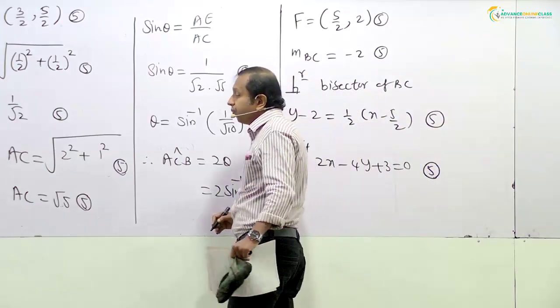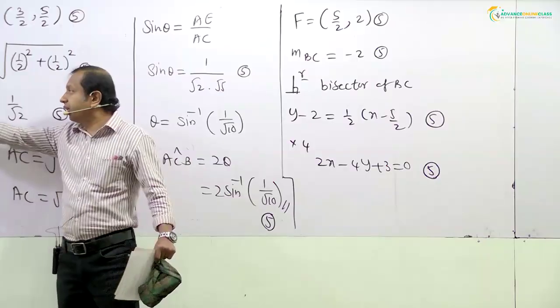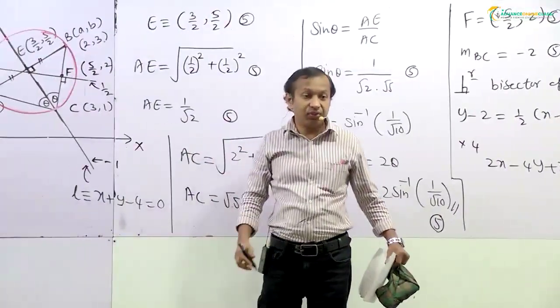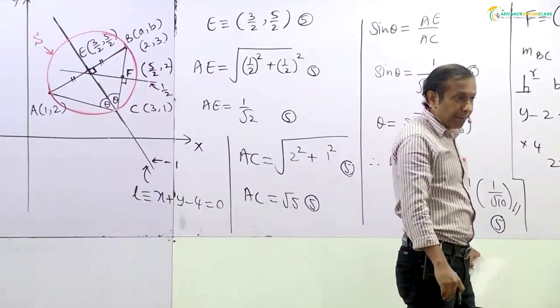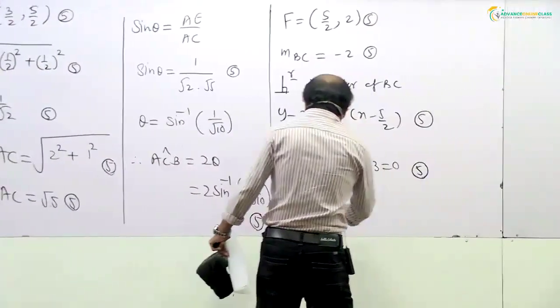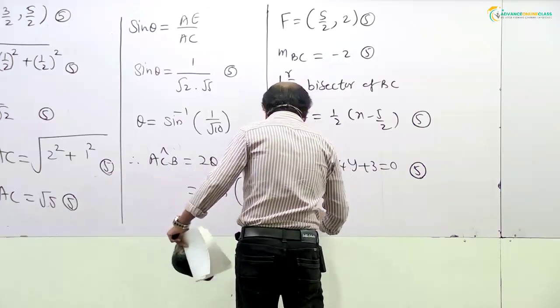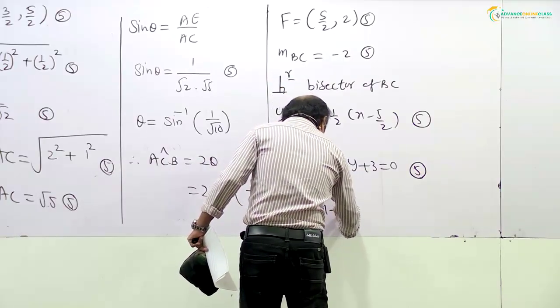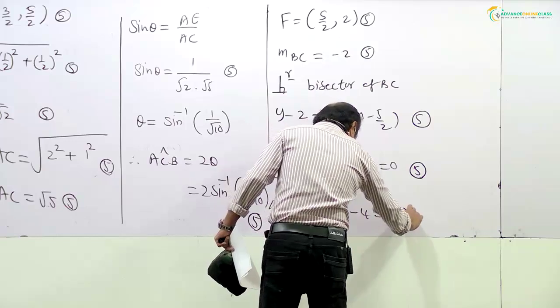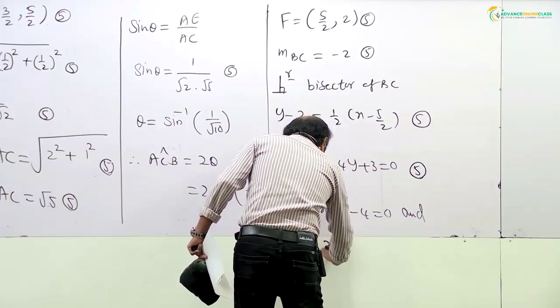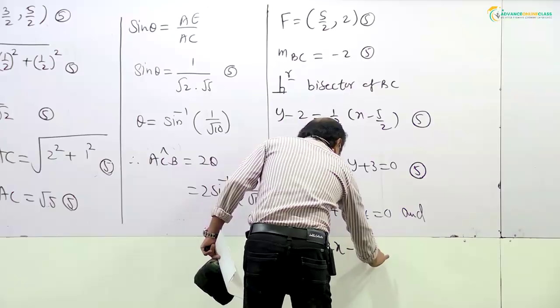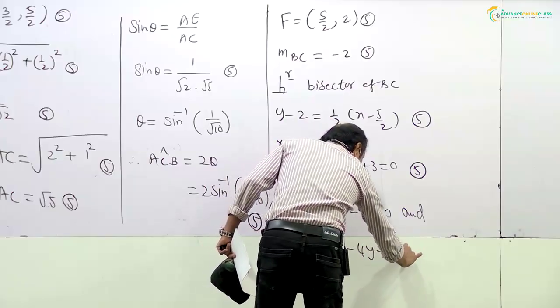Okay. Now what do we do? We solve this equation and the equation of this. Then we get what? Center of S. Right. Solving. x plus y minus 4 equals 0 and what? 2x minus 4y plus 3 equals 0.